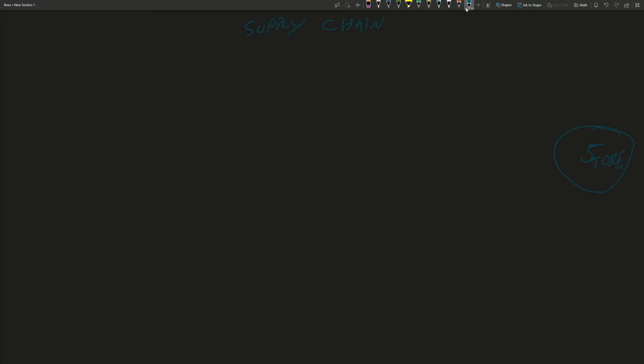If I have a store and I want to get a product to a store, at some point someone is manufacturing the product, right? So I've got a manufacturer, and to build that product, they're going to have some sort of shipper. Let's actually make that a shipment, a little bit simpler.